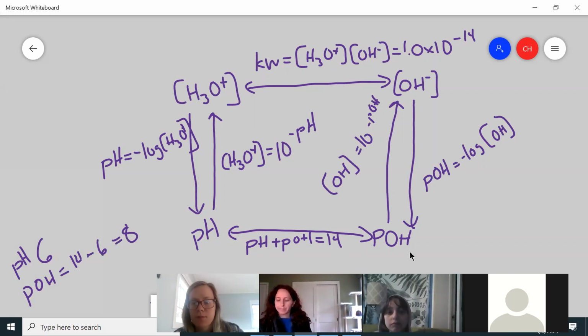That's an easy one to flip back and forth. So now, I could give you something like the H3O plus concentration and you could solve for the pOH. Or I could give you the pH and you could solve for the OH concentration by going through this flow chart. You can't go across diagonals. You can only go on the square on the outside.